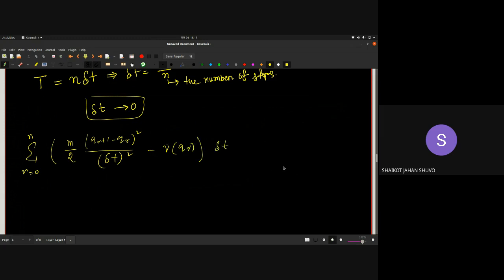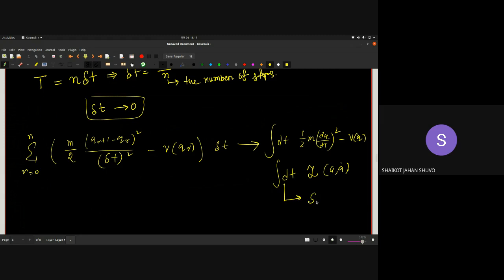When you take the limit delta t goes to 0, it's just dt, 1/2 of m, this dq by dt squared minus some v of q. And this is dt times the Lagrangian, or the Lagrangian density, whatever, of q and q dot.